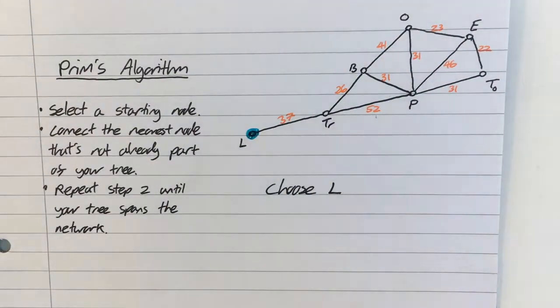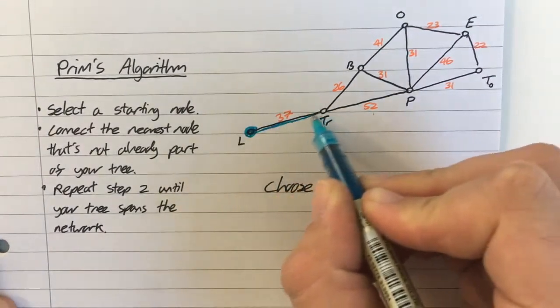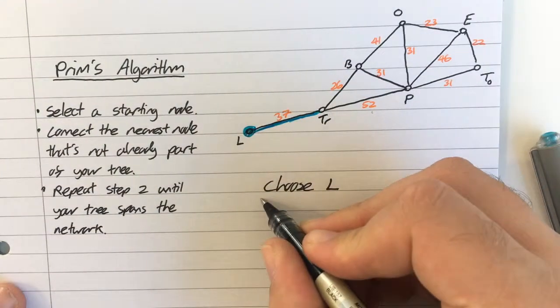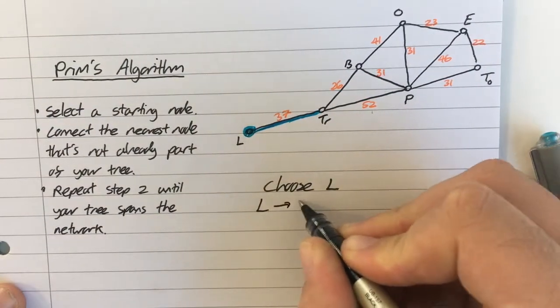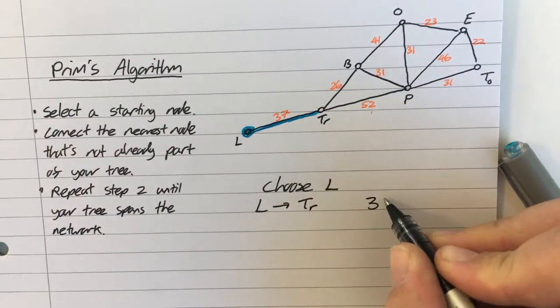So, what's the closest node to my tree that's not already a part of my tree? TR. Yeah, TR. There's only one, so I've got to choose that arc there. That has to be part of it. So I'm just making a list now. L to TR, and I'm making a note of how long that is.